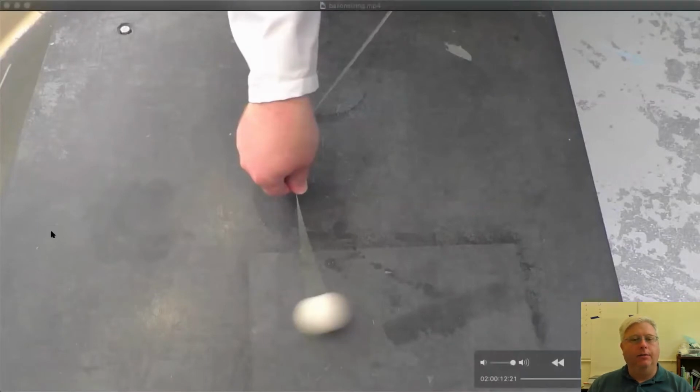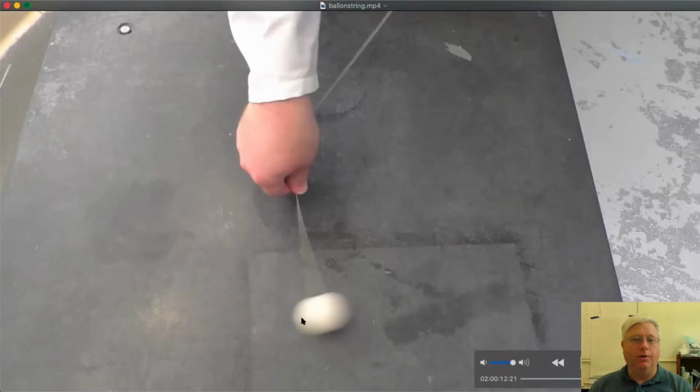And so in this situation, the force is me pulling on the string, and since this thing is moving in a circle, it has a radius, right? Circles have a radius, and the radius is basically the distance from the point where it's spinning to the edge of the circle.